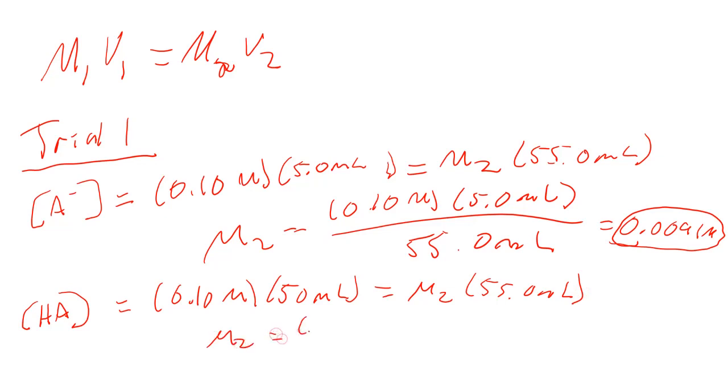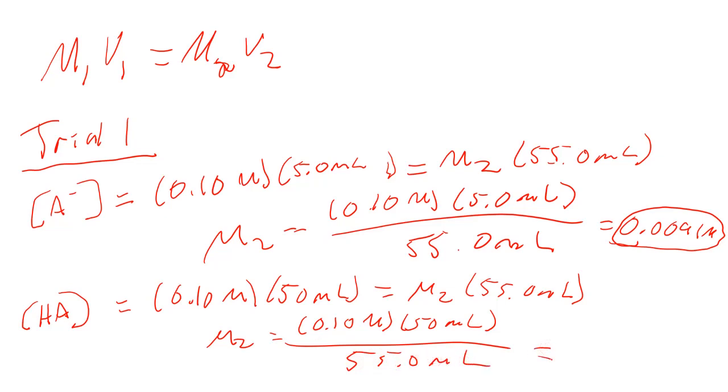So M2, if I rearrange this algebraically, equals 0.10 molar times 50 milliliters divided by 55 milliliters. And if we plug that into the calculator, we get 0.091 molar. So I'm going to have you calculate your concentrations for trials 2 through 6.